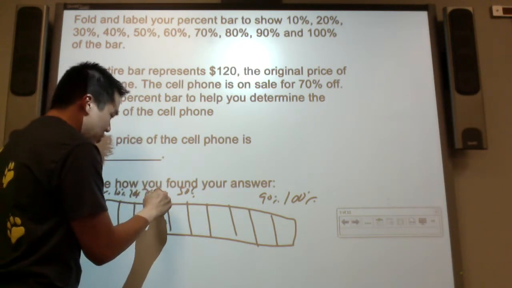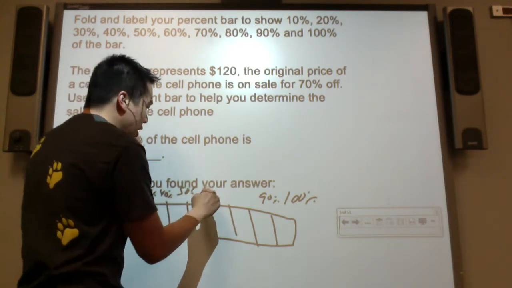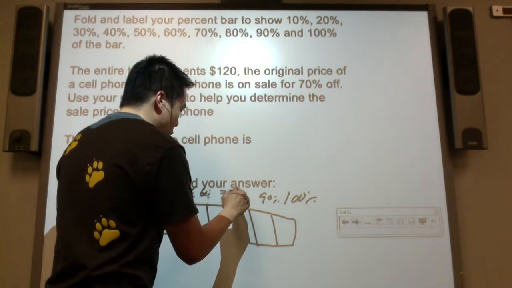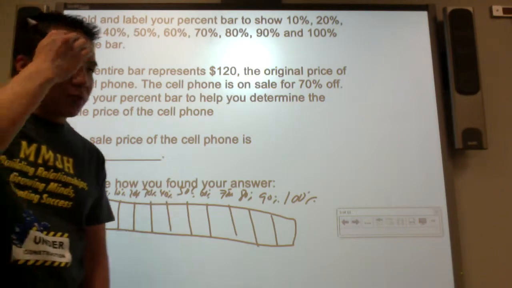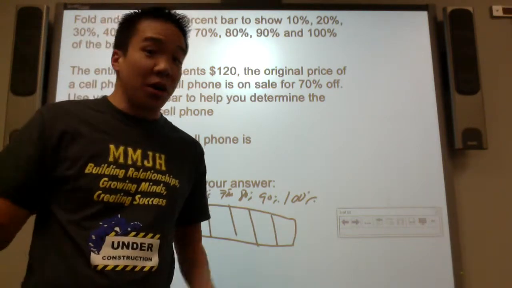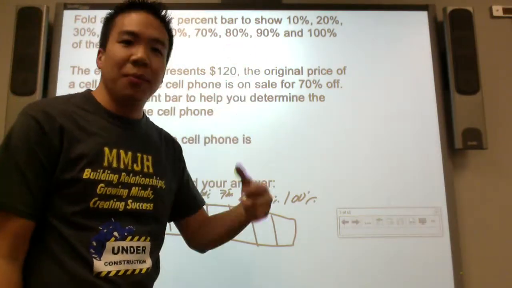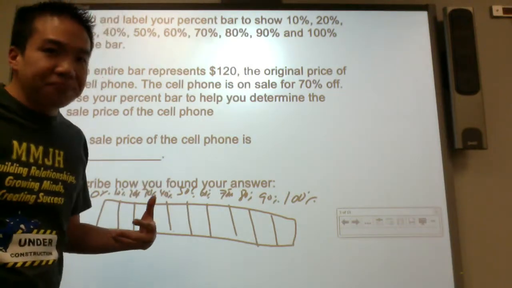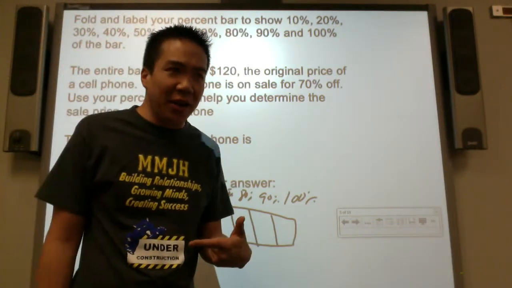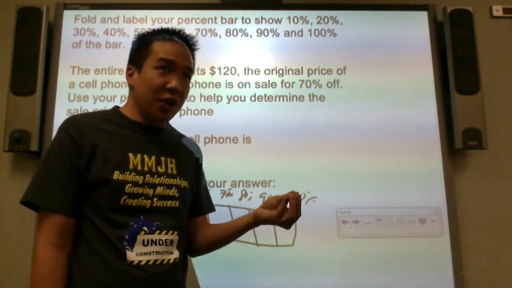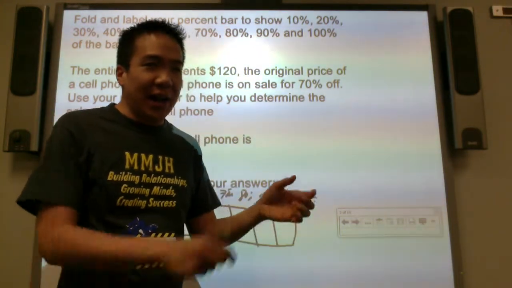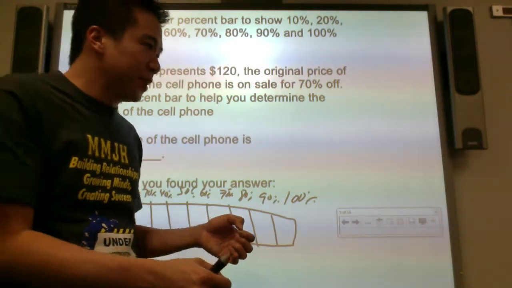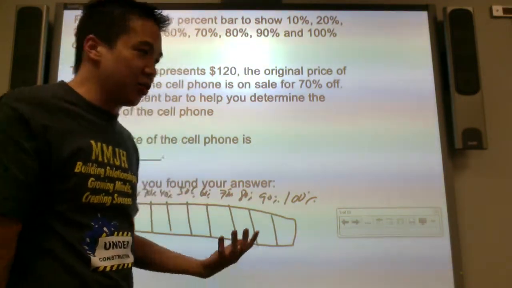10 sections. I'll be honest, this is how I do it in my brain. Whenever I have to find discounts, like something is 10% off, I always get the price and I break it into 10 parts in my brain. I don't know why I do that, but I just do that. I think it's much easier. And then when I want to do a tip amount, I break it into 10 parts and I do half of that 10 part, and then I add it back to the 10 part, and then I know how much to tip in the restaurant if I do 15%.